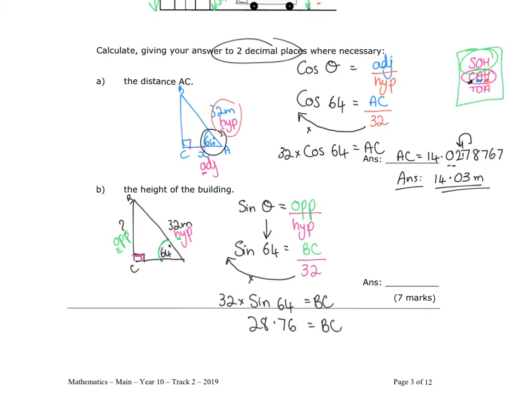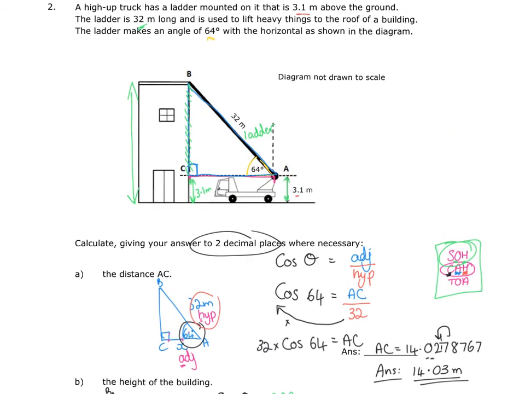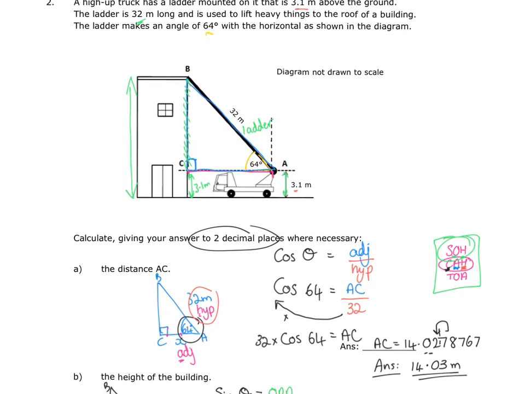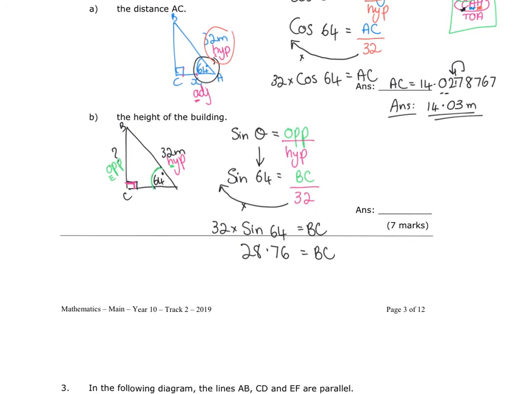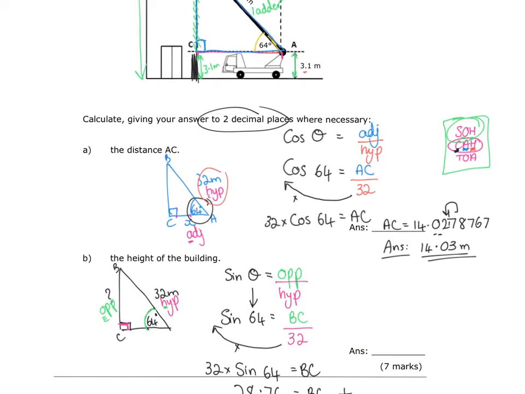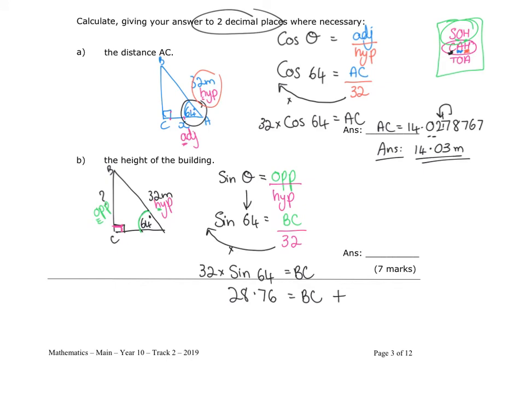But we need to add this part now because we are required to find all the height of the building. So plus, I forgot, it was 3.1. And so the final answer is 31.86 meters to 2 decimal places.